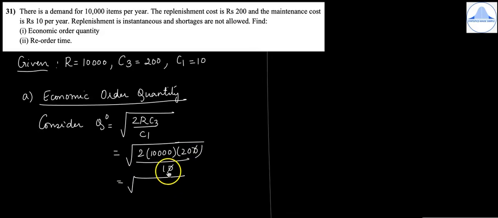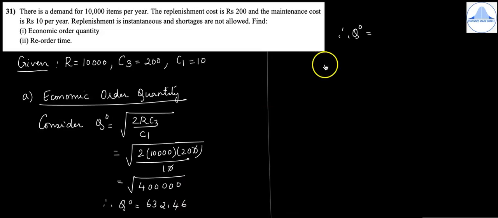When we simplify, we get root of 4 lakhs, or finally you get Q to the power 0 is 632.46, or we can simplify further, that is you can round it off because it is in terms of units. So Q to the power 0 or the economic order quantity is 632 units per year.